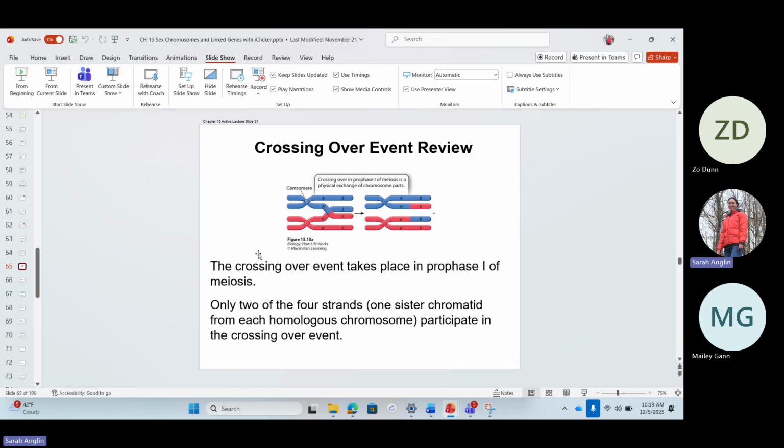Okay. All right. And if these genes on one chromosome are further apart, it increases the chances that they're going to be separated due to the crossing over event.